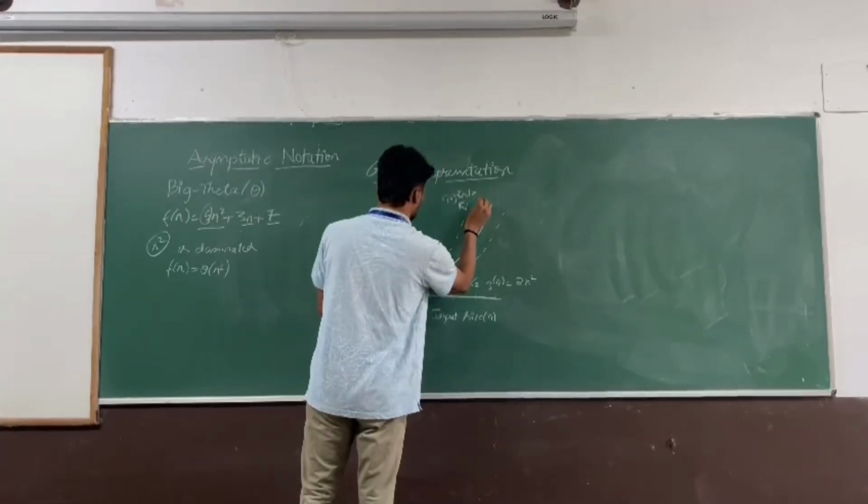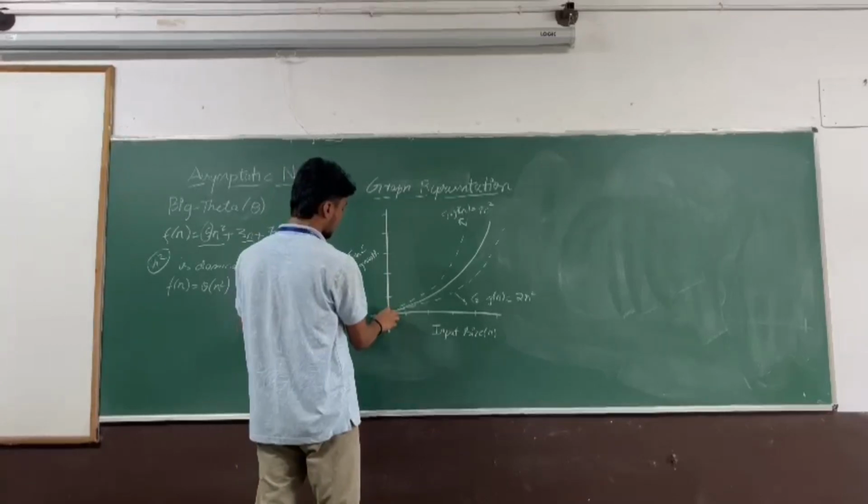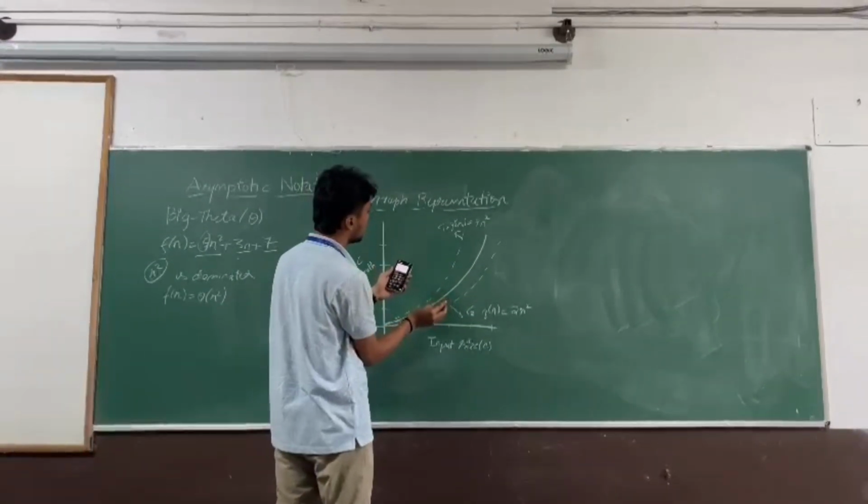And the final big theta graph should be between these upper and lower bounds.